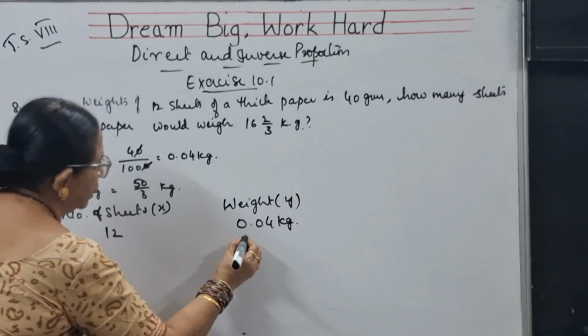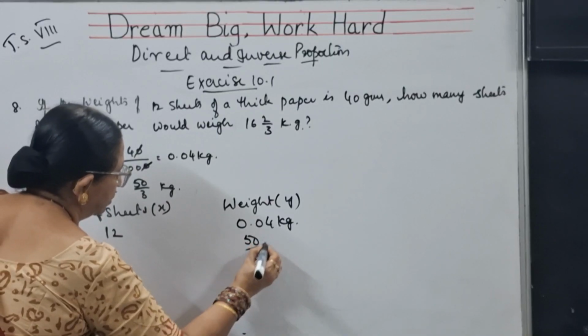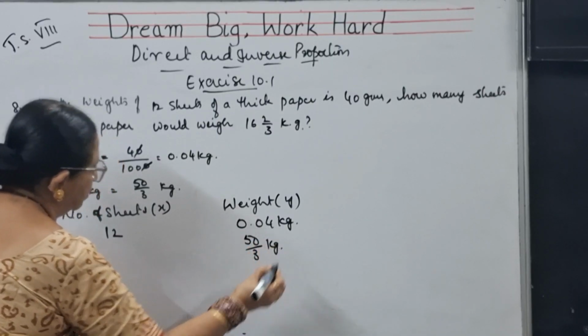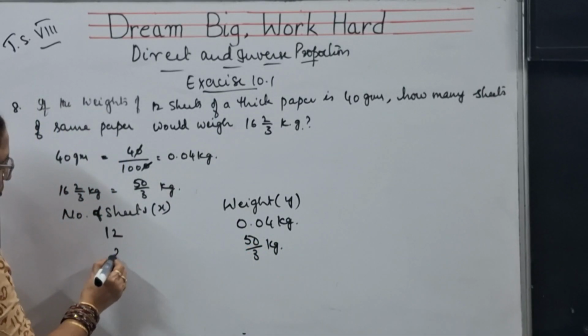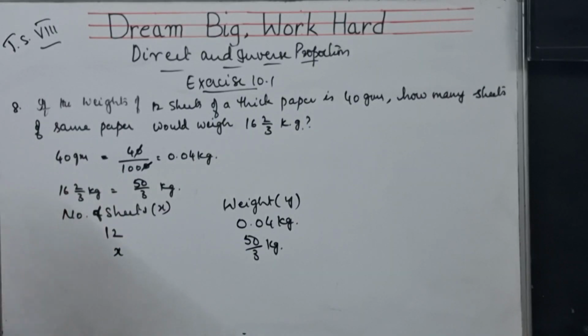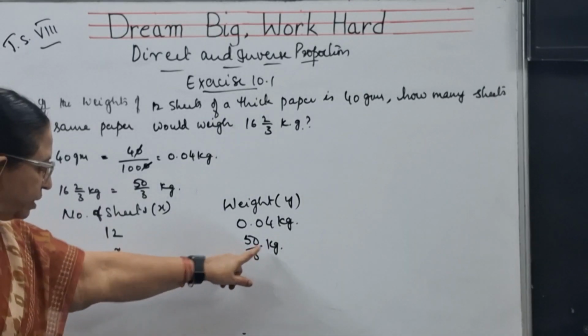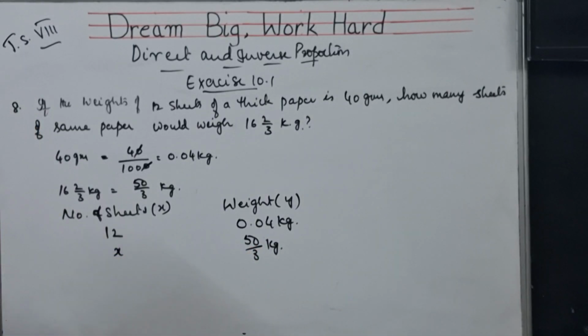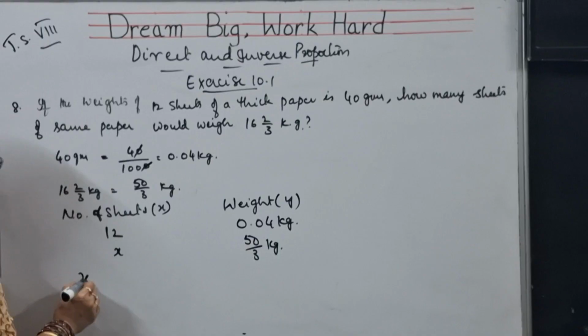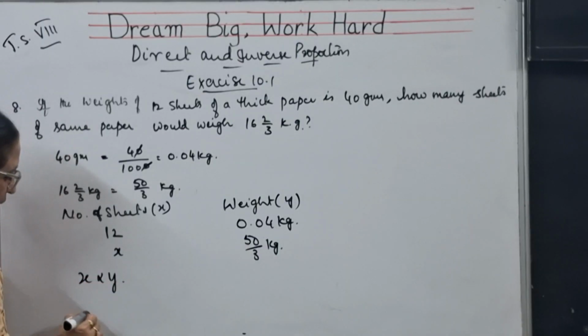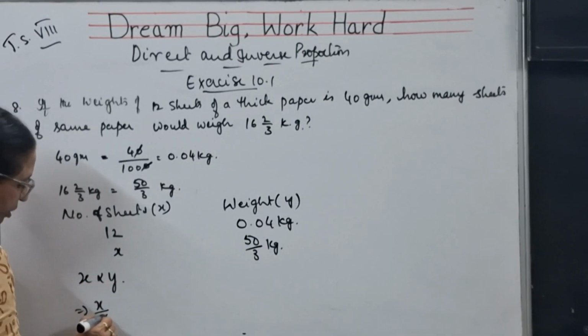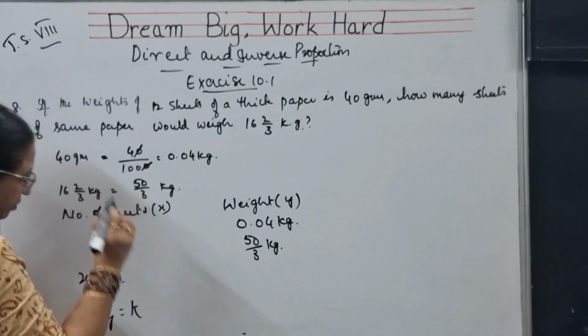Now 50 by 3 kgs of sheets contains how many sheets? So 12 sheets are weighing 0.04 kgs. If the weight is 50 by 3 kgs, how many sheets are possible? We know that x is directly proportional to y. This implies x by y is constant.